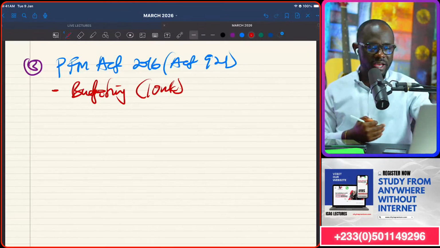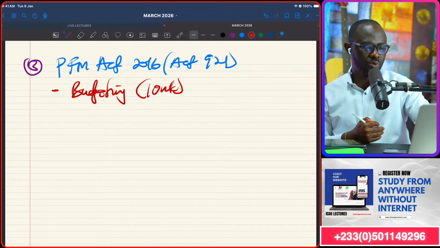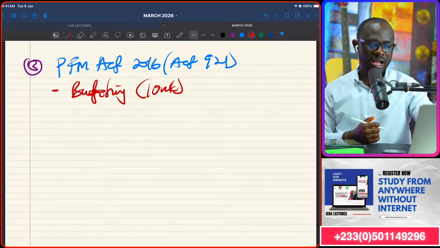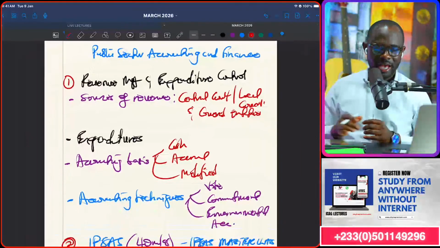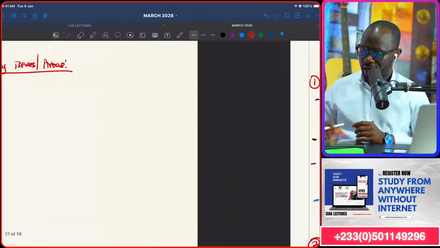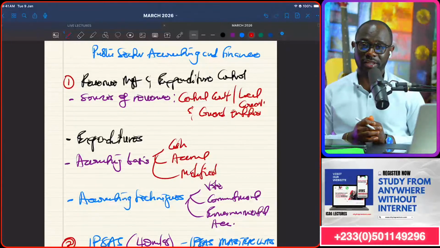So that is the first subject that we want to look at, public sector accounting and finance, and what you must do to pass public sector accounting and finance.